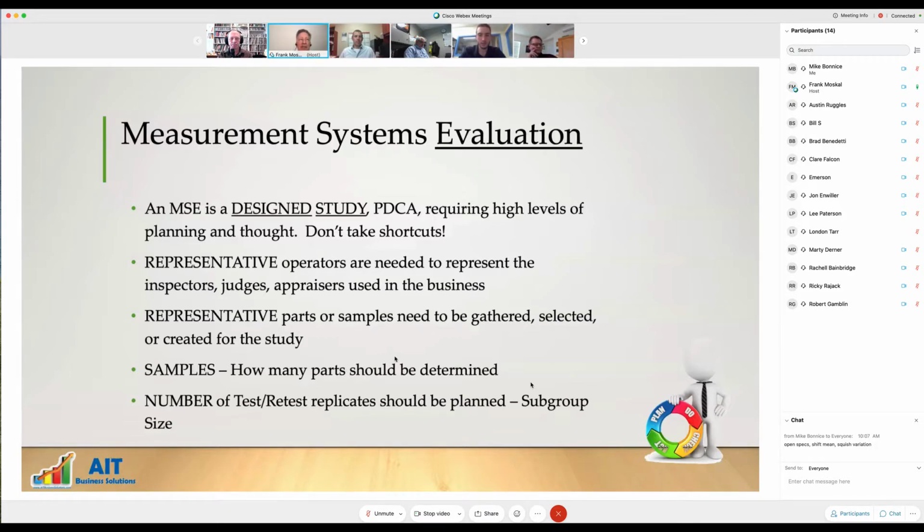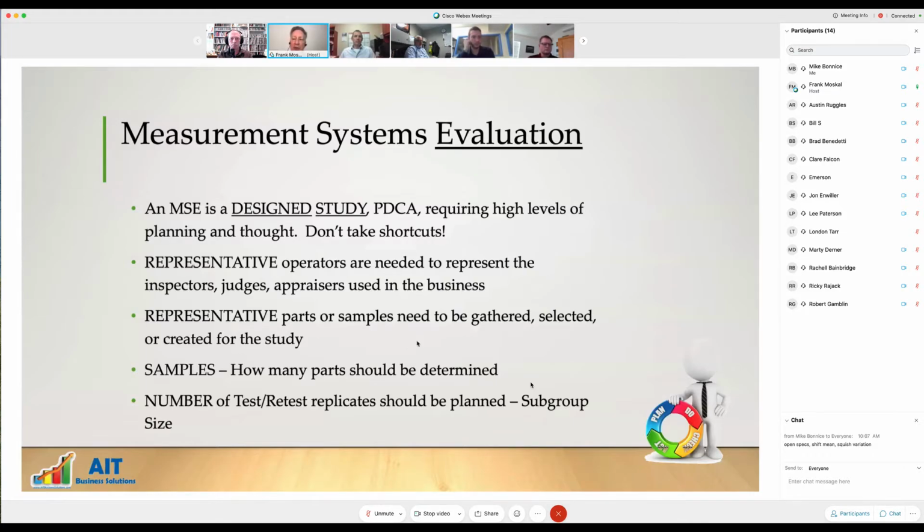I don't just find any old person to be part of the study. I want the people of concern who normally do the process, or would do the process if they had to fill in. And the parts or samples I'm using should be representative of the type of parts and the type of decisions I'm making.